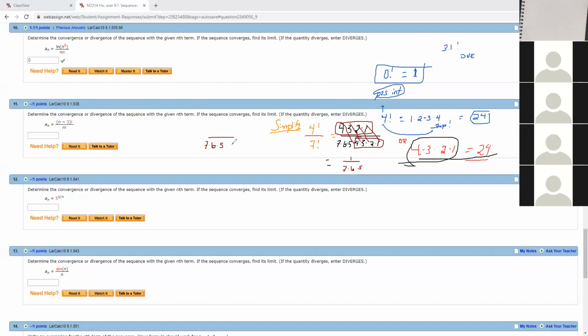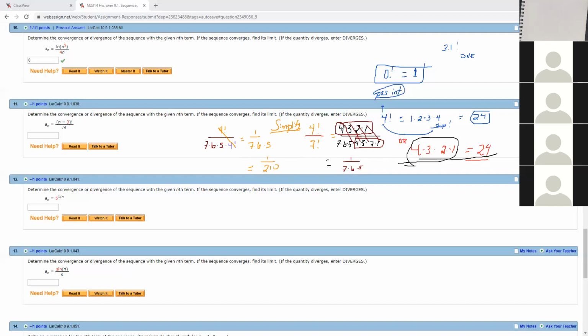So instead of writing 4, 3, 2, 1, you can just write it as 4 factorial, because that was what's up there anyway. Now this divides out to 1, and you have the same thing, 7 times 6 times 5, and whatever that equals. You could multiply that out, and that would be 1 over 210.